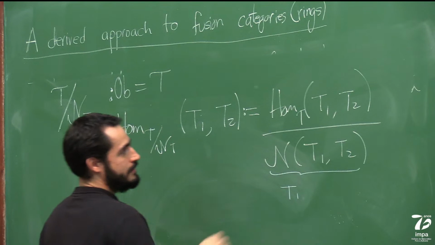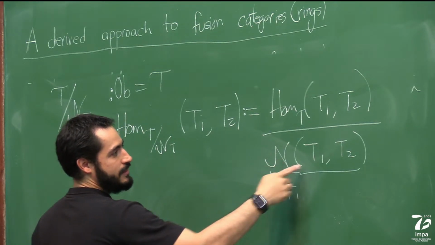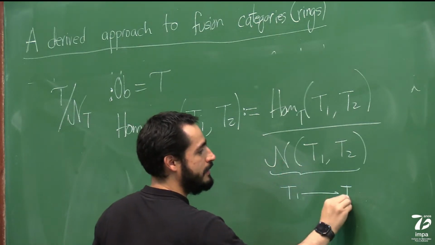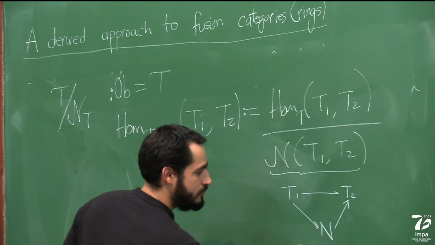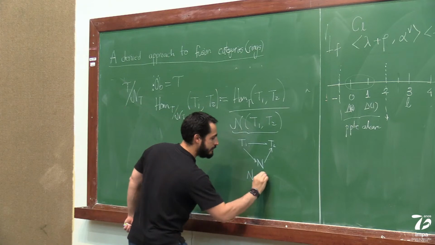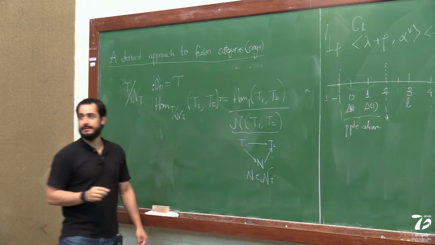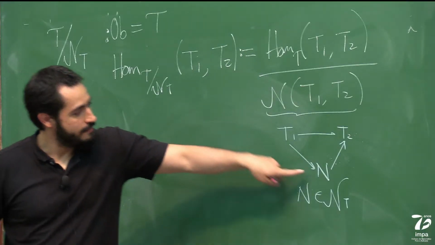I have the morphisms such that if I go from T1 to T2, the morphisms that factor through any object in my category NT. So I just factor out this.